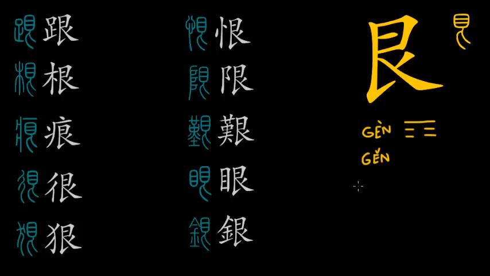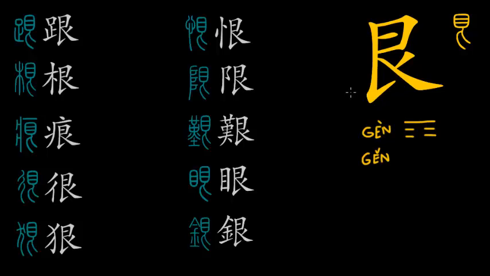So there will be one character that has one of the 3 meanings of gun, and then there will be another one which has another meaning of gun. And it's pretty interesting because what is special about this character is that usually phonetic elements are chosen to be phonetic elements in characters solely based on their sounds.